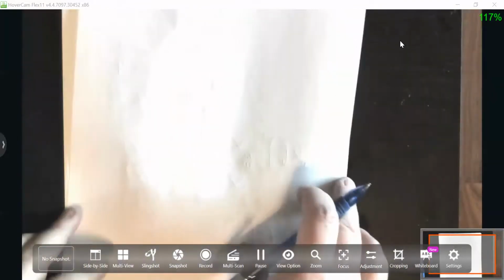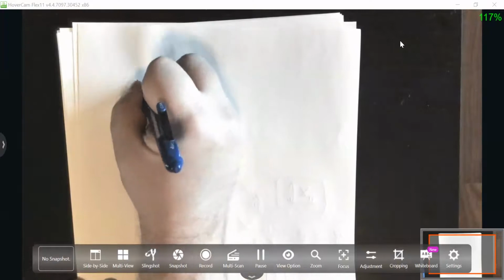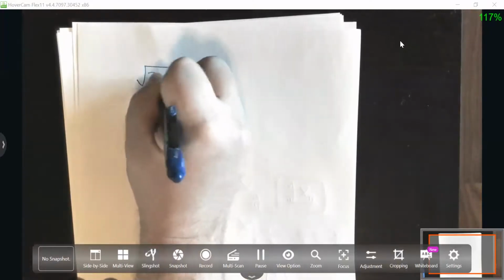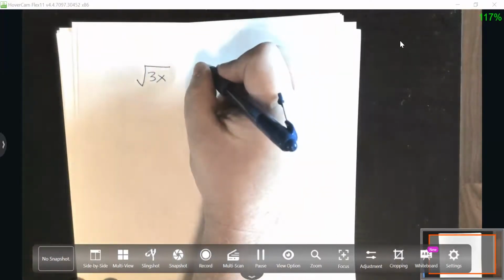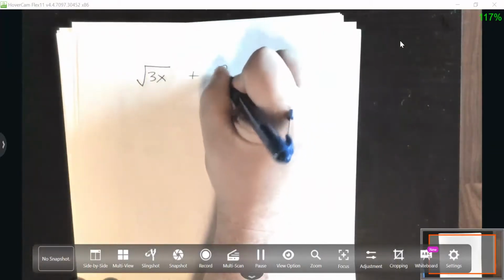So let's look at an example of like terms now. We'll do an easy example and then we'll do an uglier one. The square root of 3x plus 2 square root of 3x.